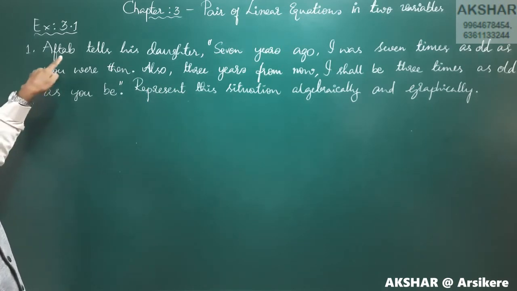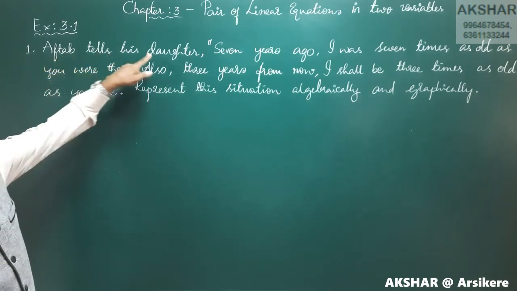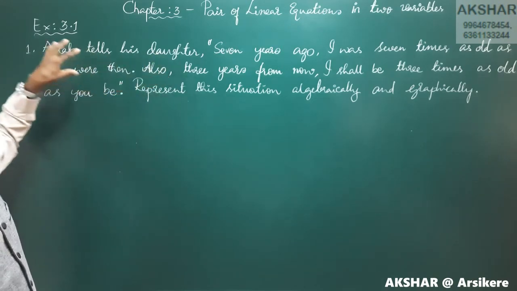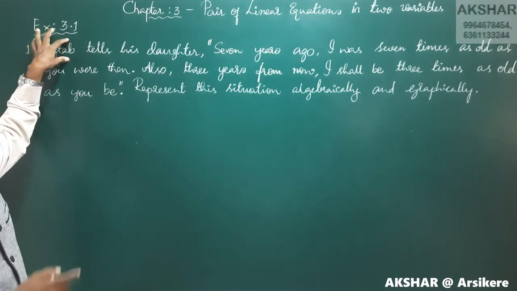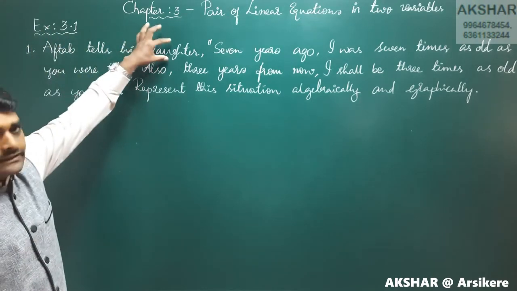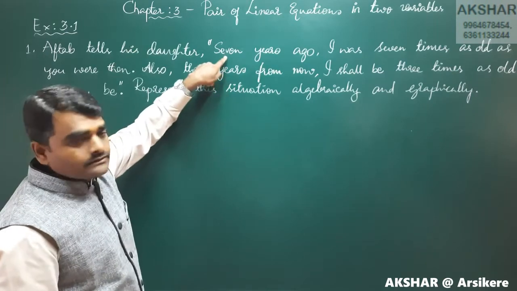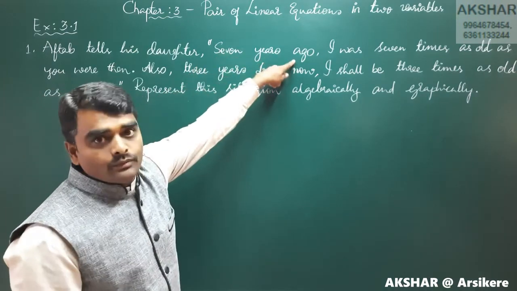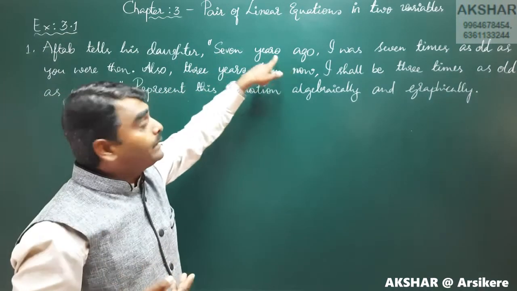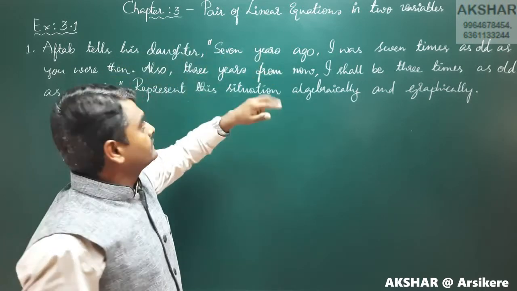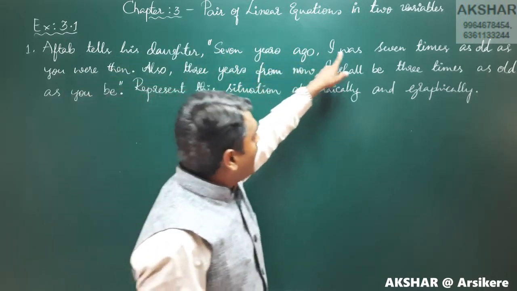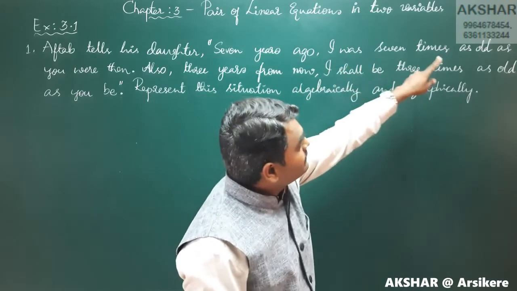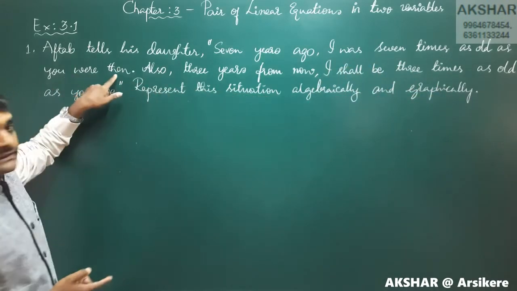The first one: Aftab tells his daughter, 7 years ago, in the past, I was 7 times as old as you were then.